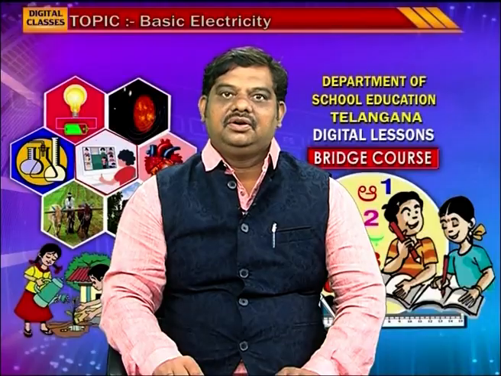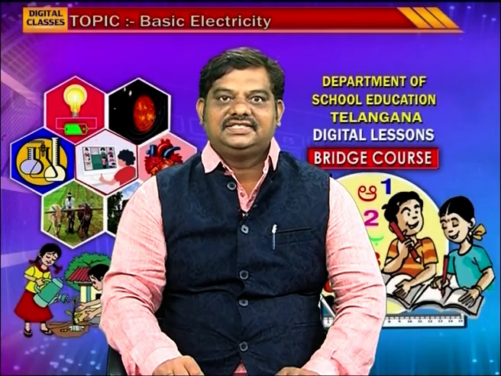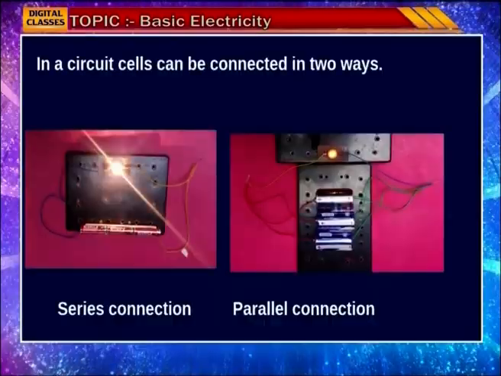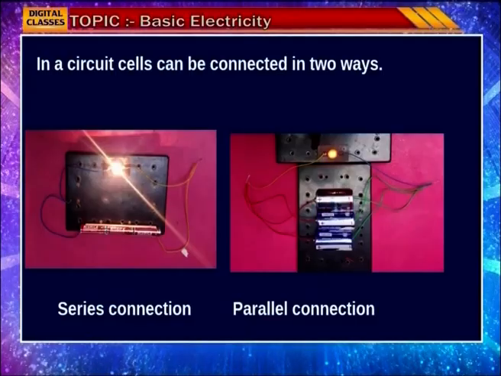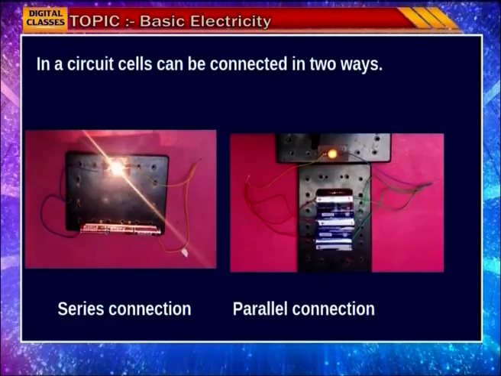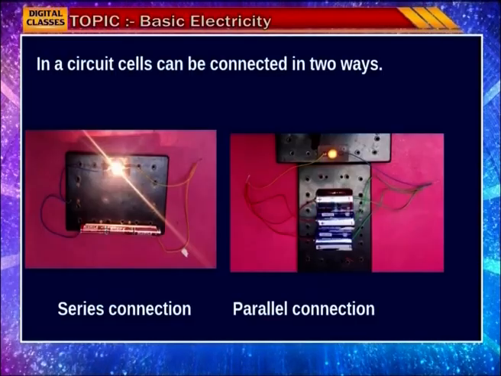Dear children, do you know in how many ways cells can be connected in a circuit? Let us know. In a circuit, cells can be connected in two ways: series connection and parallel connection. Let us know how the cells are connected in series.